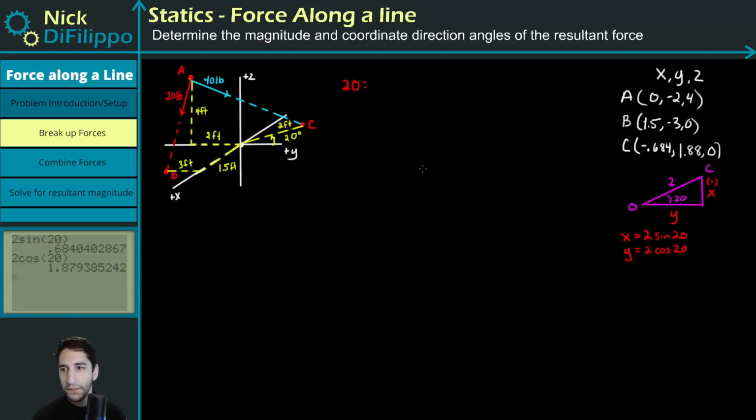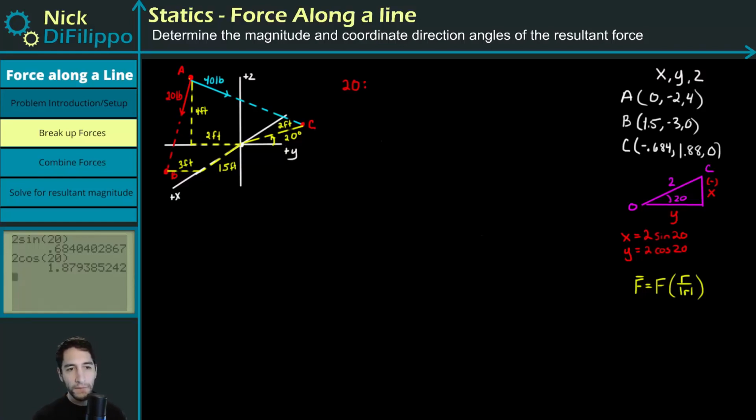Just to refresh your memory, a force along a line, and both of these forces are along a line, is equal to the magnitude of the force times a position vector, R, over the magnitude of that position vector, where the position vector points along the line.